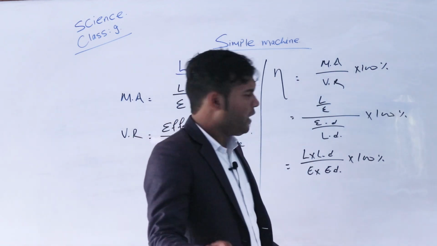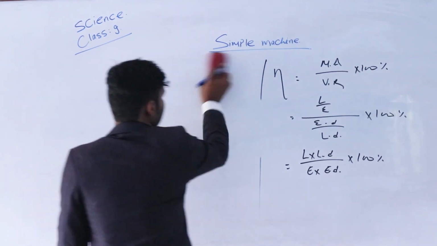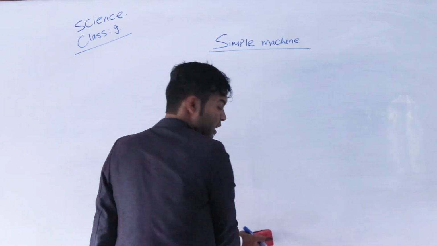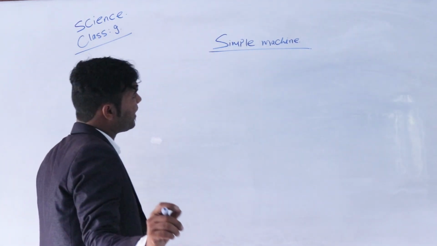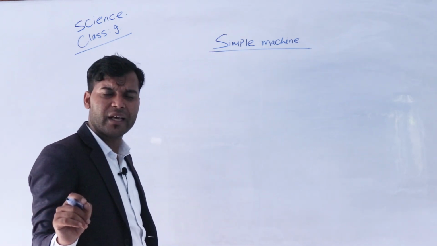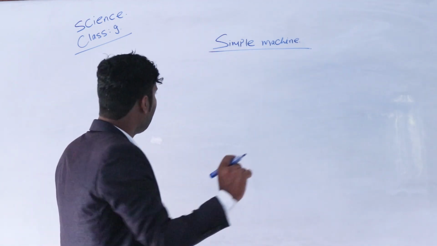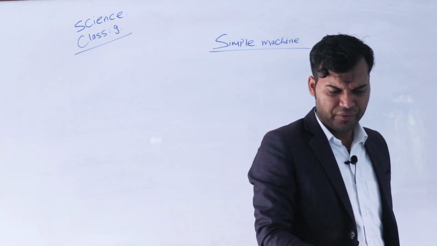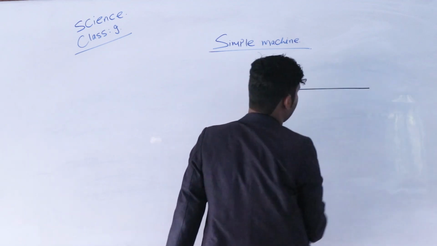Okay. Now we discuss the principle of lever. What is the principle of lever? I hope you can separate the types of lever, first, second and third class, and you can calculate the efficiency and also MA and VR.